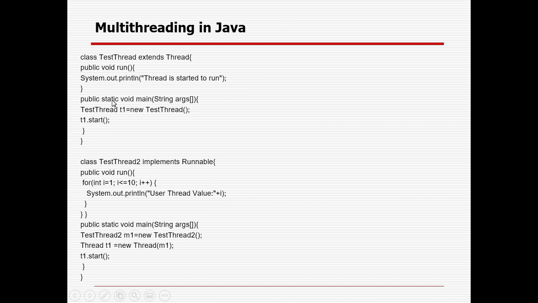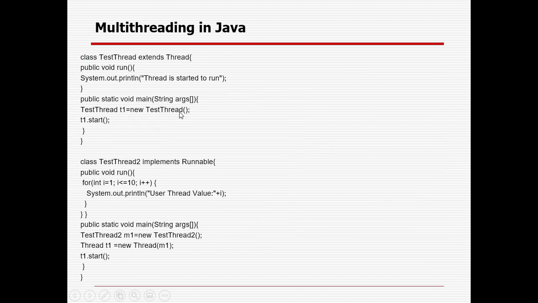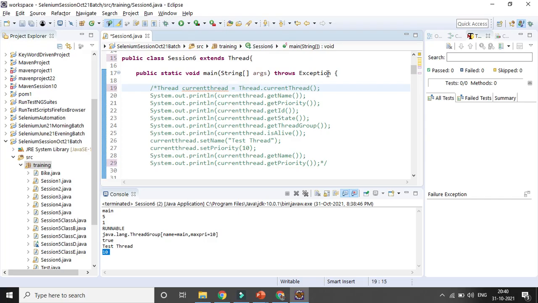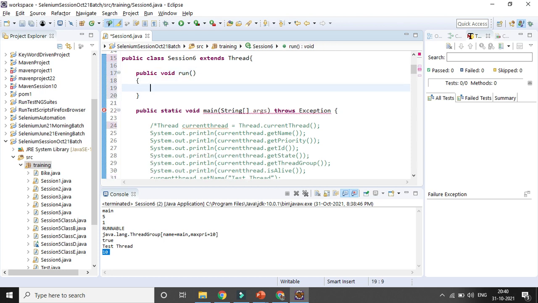Okay. So I will be creating a method called public void run, void is the return type. Suppose here I can print something, like thread started to run.